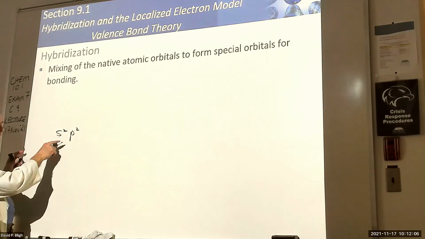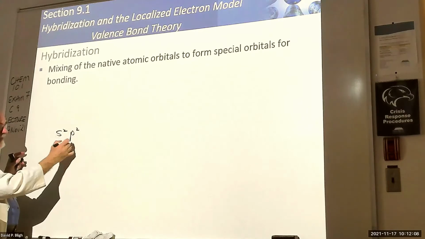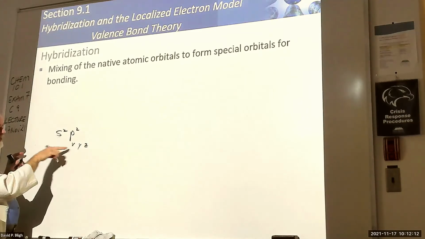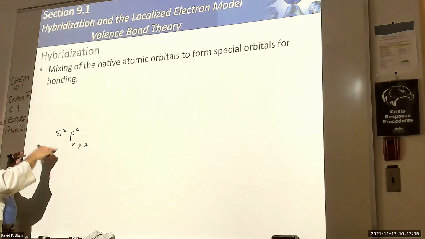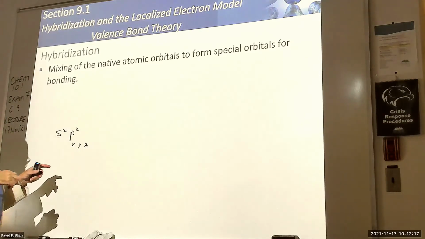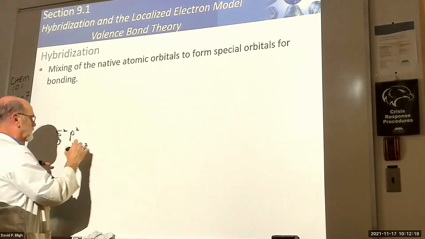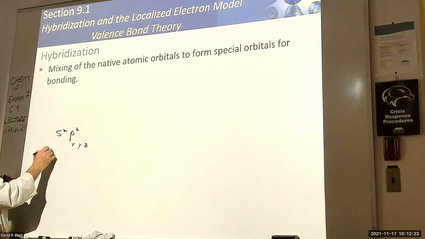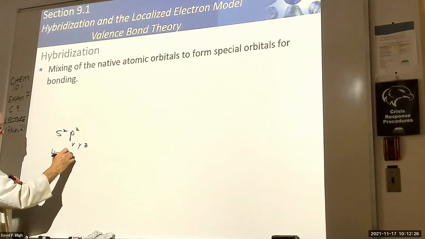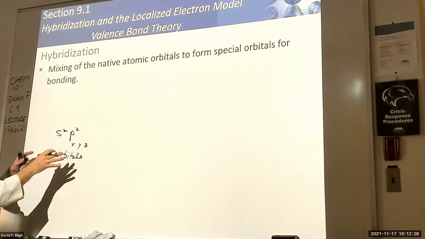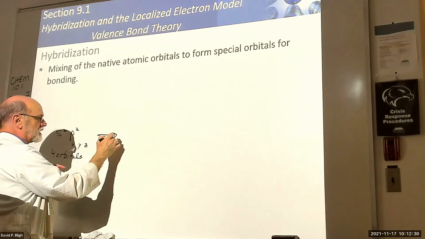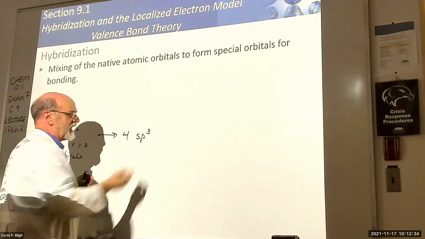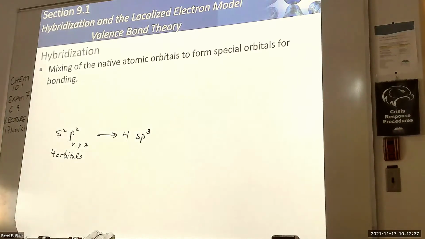So we take this one s, and there are 3 p's. There's an x, there's a y, there's a z, and there's one s. If we take these and hybridize them, we get a single type of orbital. Here we have 4 orbitals of different types. If we hybridize them, then we get 4 equivalent orbitals of that type, sp3.